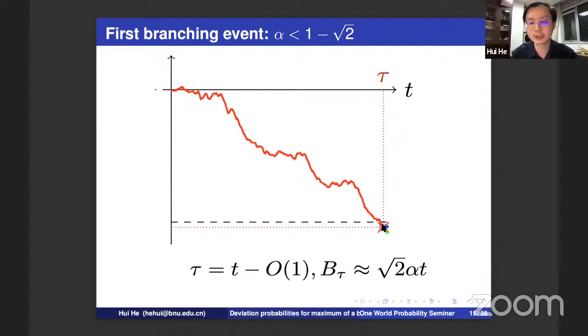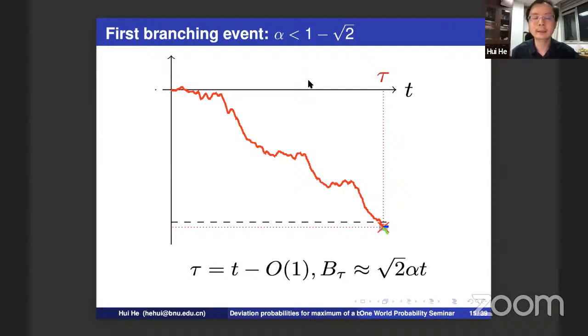So we let the first branching happen very near to t, and the position of the particle where it dies out is very near to square root 2 alpha t. So tau is very near to t, up to some constant.